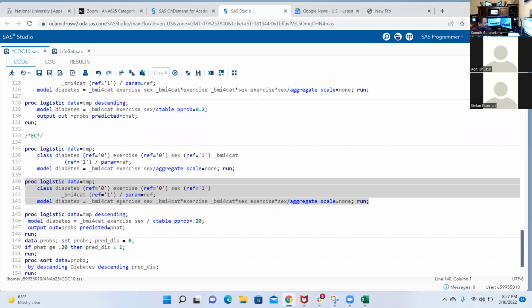BMI for cat, exercise, sex, and then BMI for cat times exercise, BMI for cat times sex, exercise times sex. Okay, this one minus that one.